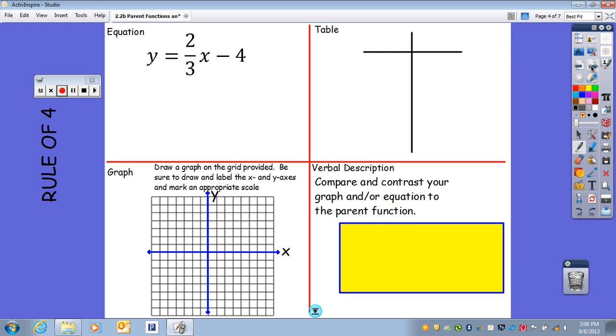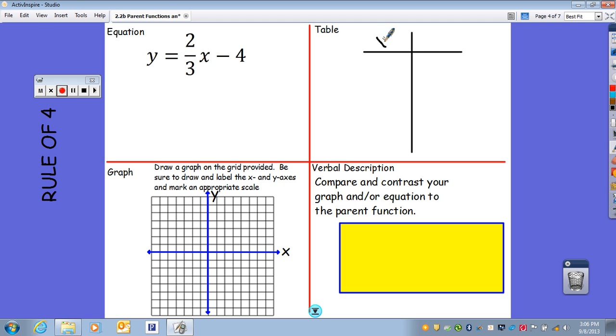Let's look at an example. Here we have the equation y equals 2/3 x minus 4. If we were to make a table, we would want to have our x values and our f of x, or our y value. We can either put it into f of x function form, or we can put it as our y, or our output. So let's put a couple values in.